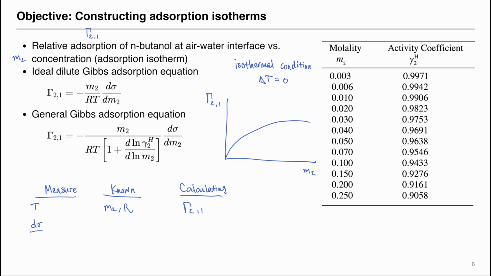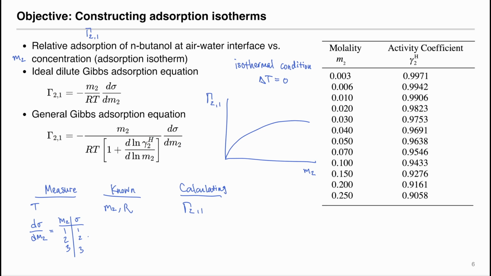d sigma with respect to d m2, how do we get that? Measure that using a table where we already have measured the concentration and the surface tension. For example, I have 1, 2, 3, and I also have some numbers, for example, 1, 2, 3. Then we can get the slope between the data points.